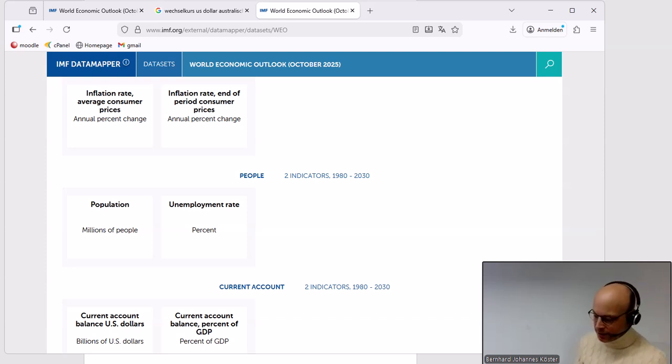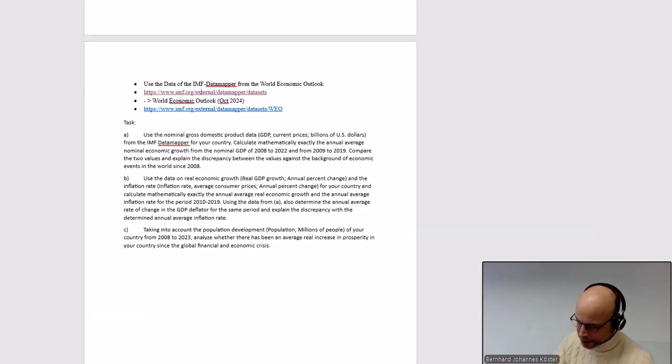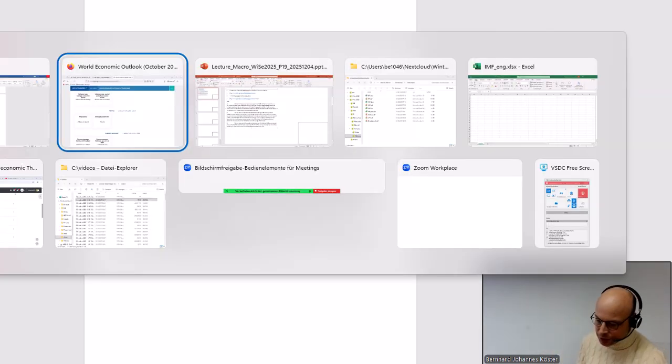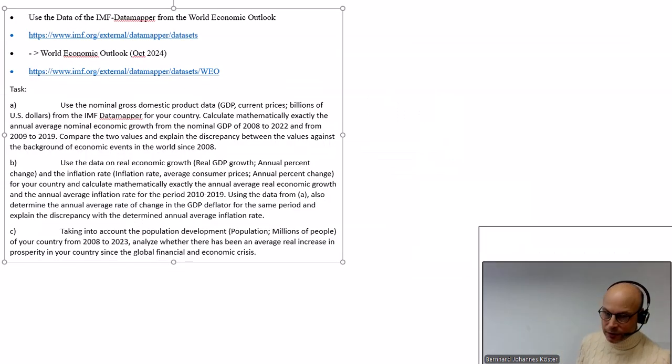And what we shall do in the first task is use the nominal gross domestic product data, GDP at current prices in billion US dollars from the IMF data mapper for your country. And we will choose the country Australia.